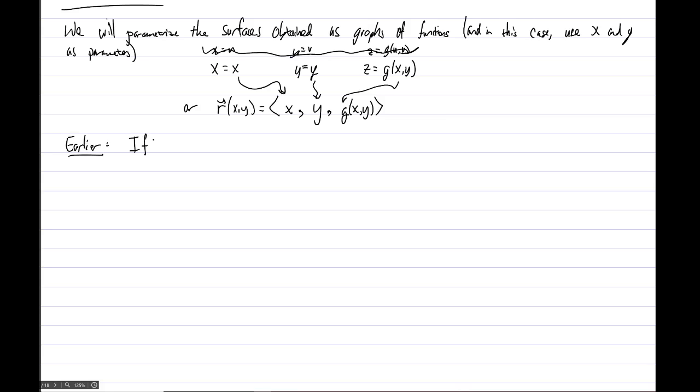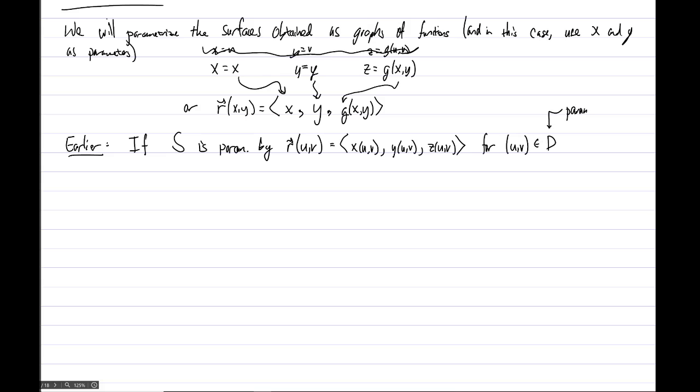If S is parametrized by a vector function r of u comma v equals angle bracket x of u comma v comma y of u comma v comma z of u comma v, so you have a parameterization recorded as a vector function, for u comma v in D, and D here was the parameter domain.